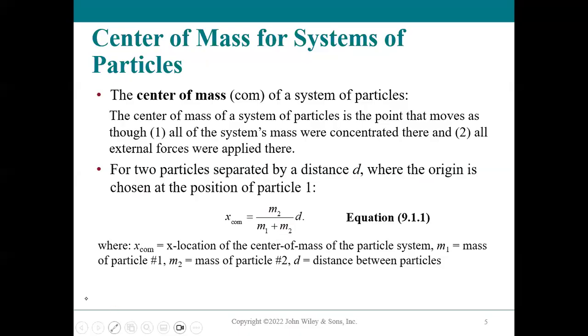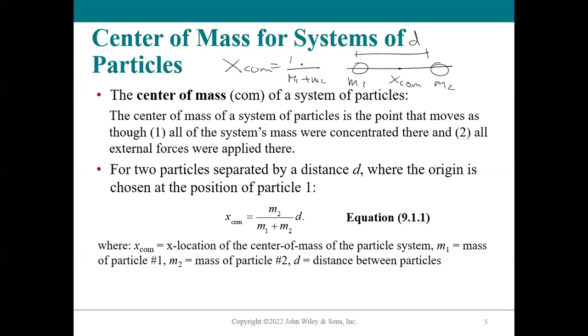If we have mass 1 and mass 2 separated by distance d, we can calculate the center of mass at this point, x_com. So x_com is the location of the center of mass of the particle system, m1 is the mass of particle 1, m2 is the mass of particle 2, and d is the distance between the particles.